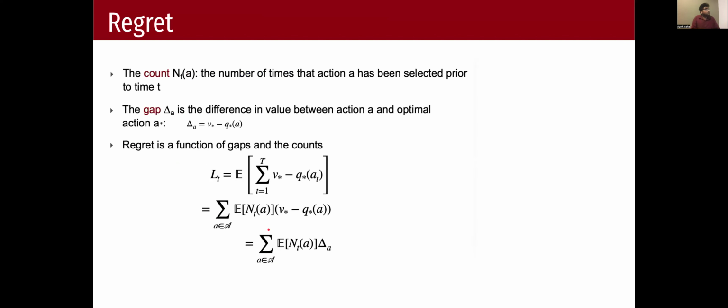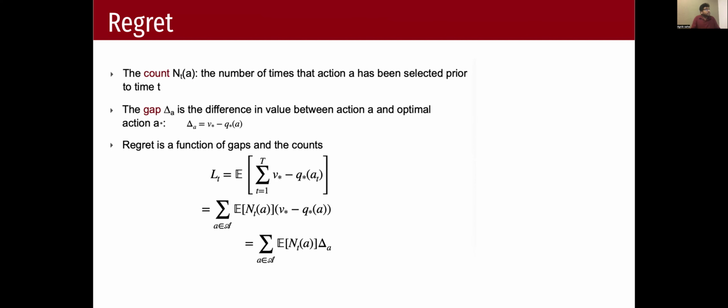The count Nt is the number of times the action A has been selected prior to time t. The gap is the difference between action A and the optimal action A star. And the regret is a function of the gaps and the counts.